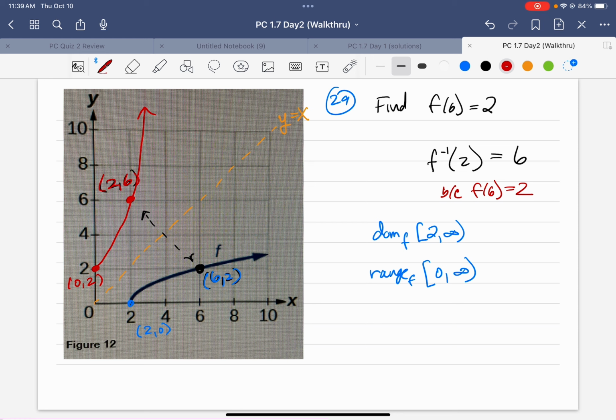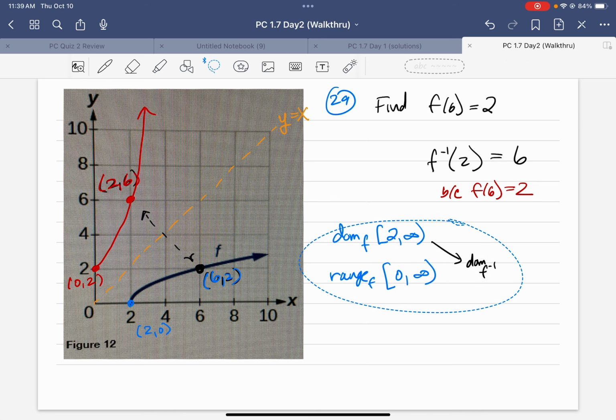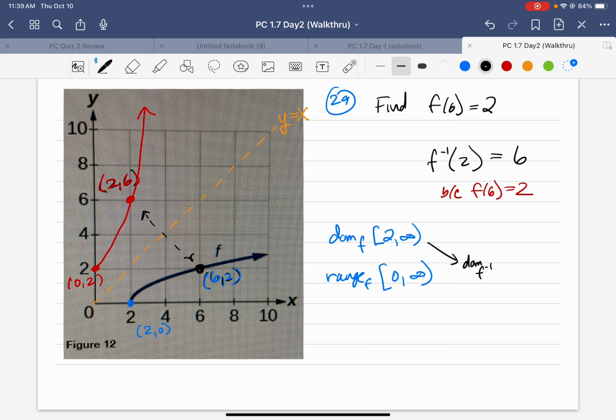So because I know those, that means I automatically know the domain of f inverse. The range of f inverse is going to be the same as the domain of f, so it's going to be 2 to infinity.